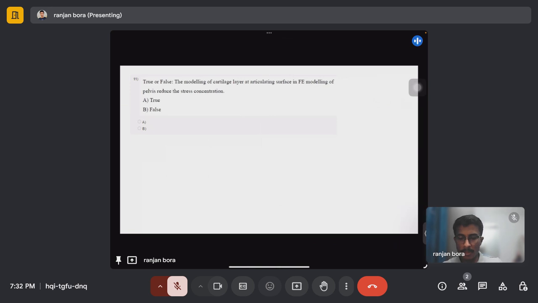Next question. The statement is given that the modeling of cartilage layer at articulating surface in FE modeling of pelvis reduces the stress concentration. So we have to say if it is a true or false statement.